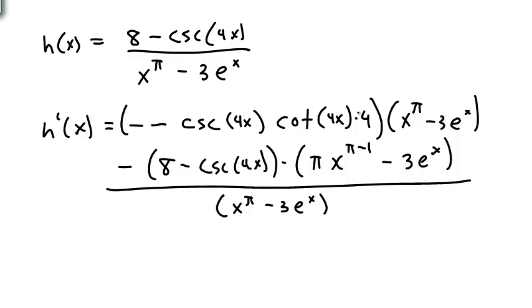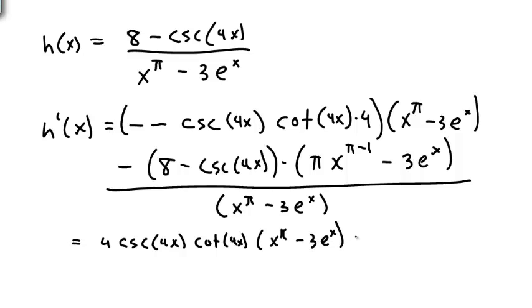We could put the 4 in front. 4 cosecant of 4x cotangent of 4x times x to the pi minus 3e to the x, minus, but I'm not seeing any good simplification on this, 8 minus cosecant of 4x times pi x to the pi minus 1, all over that, squared. That's pretty much it.